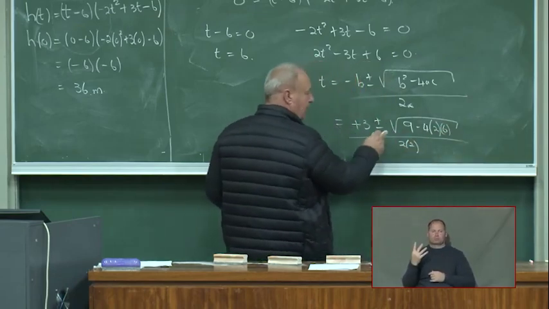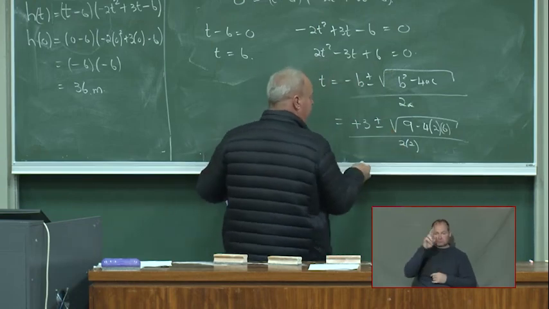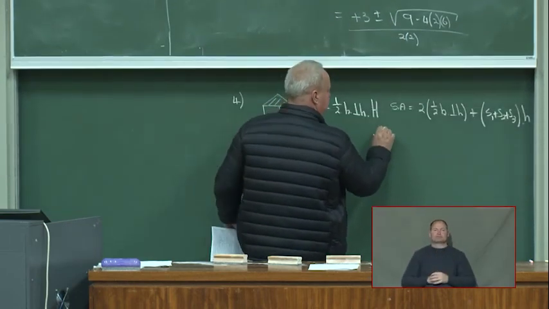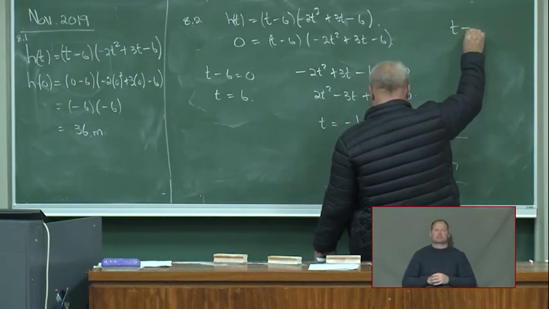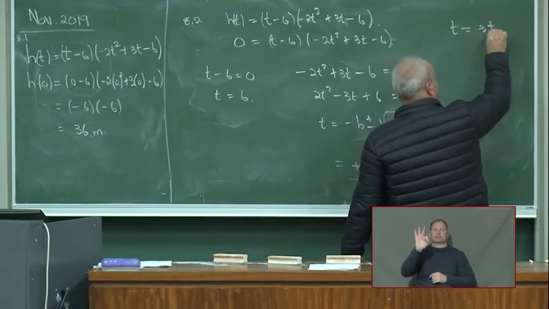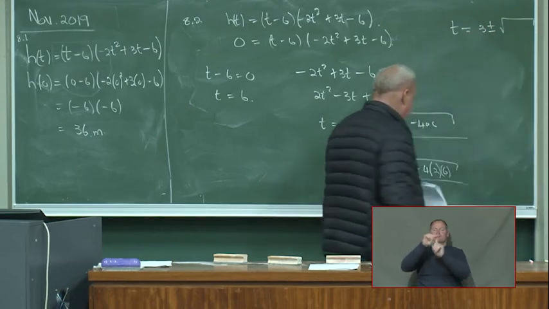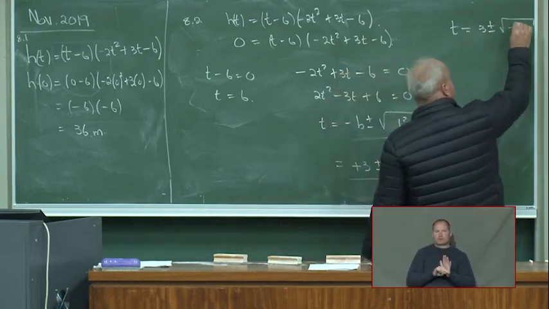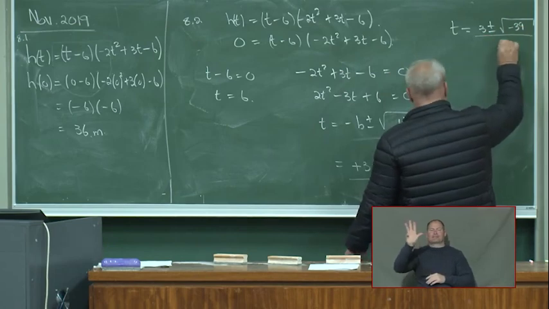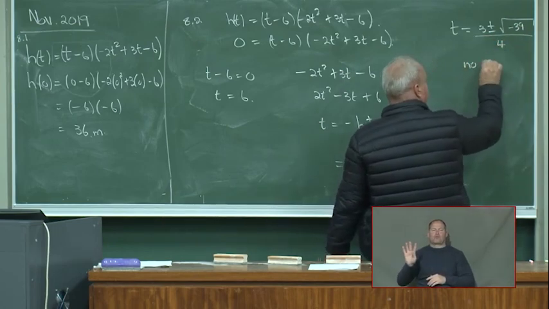Now, people, do you see I'm finding the square root of a negative number? So therefore, t is equal to 3 plus or minus the square root of 9 minus 48, which is negative 39, over 4. No solution.